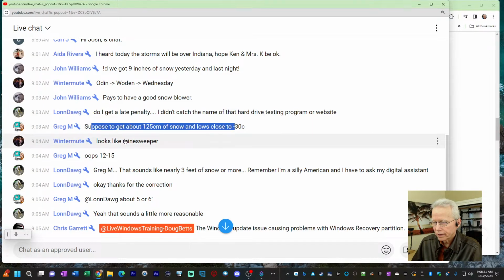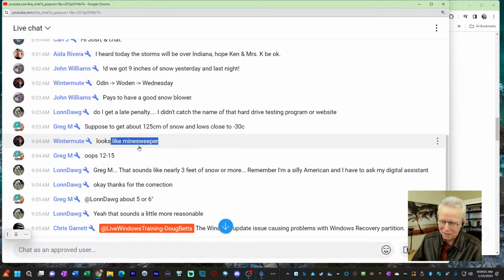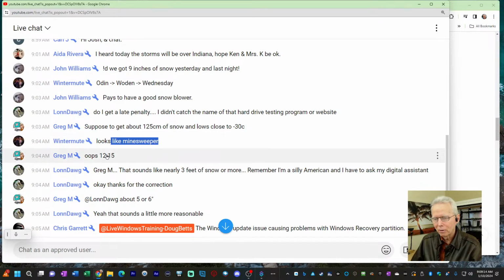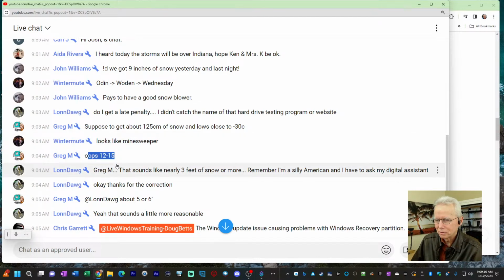Supposed to get 125 centimeters. I was about to say cubic meters. No. 125 cubic meters of snow. Huh. And lows close to negative 30 degrees centigrade. Oh my gosh. Yeah, looks like Minesweeper. That's better. Yes, Minesweeper is more accurate to what that was looking at. Better name than Sudoku.